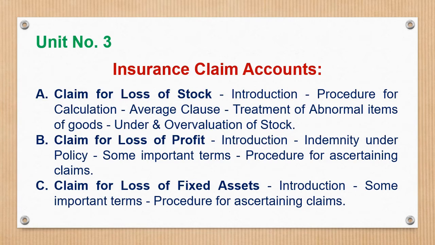In that introduction, some important terms and procedure for ascertaining claims, but only procedure we see in that part. This is the total unit number 3, covering claim for loss of stock, claim for loss of profit, and claim for loss of fixed assets.